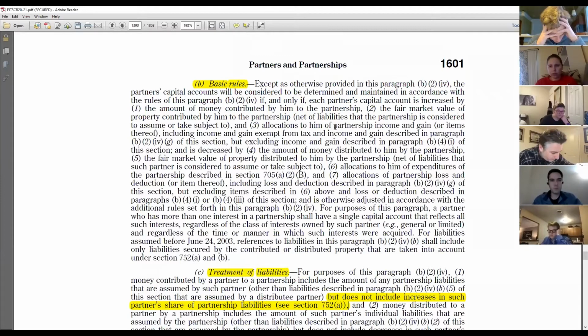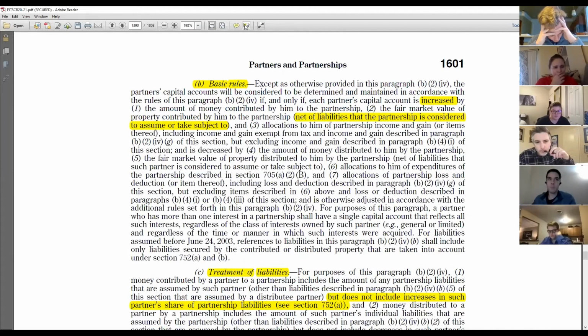So we looked at this last class, but we didn't focus on this part that I'm going to focus on now. So we said our capital account is increased by the amount of money contributed. And then it says the fair market value of property contributed by him to the partnership. That's where we stopped. We didn't consider the next clause. Net of liabilities the partnership is considered to assume or take subject to.